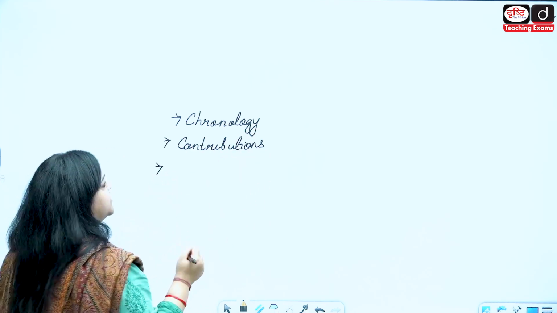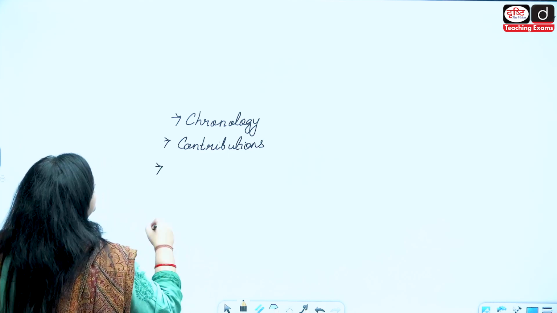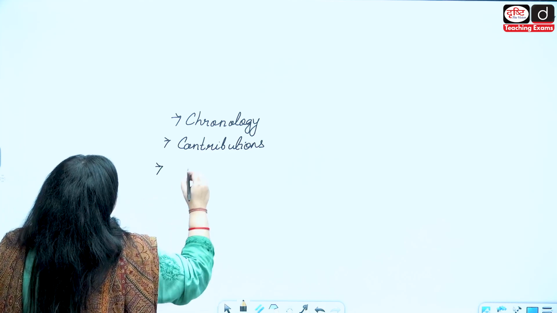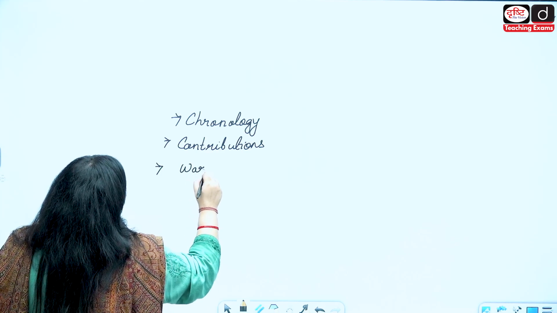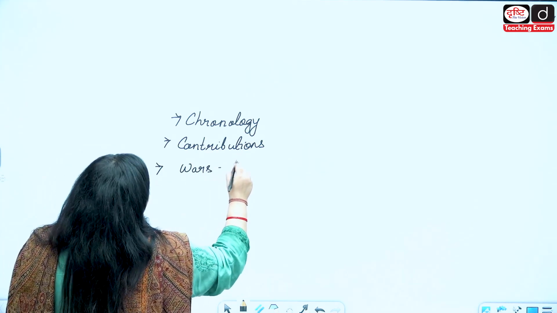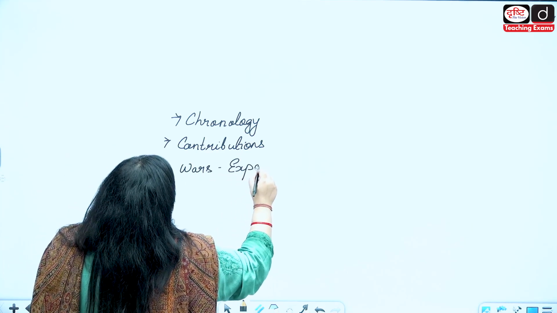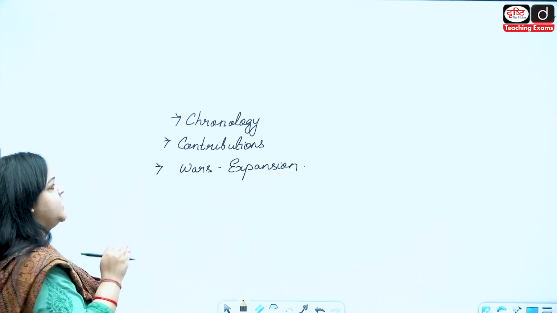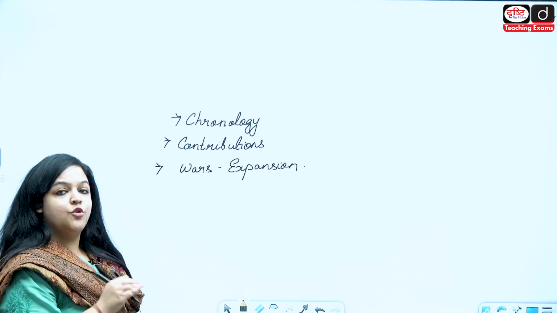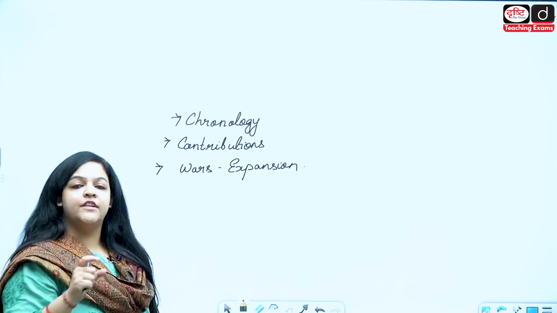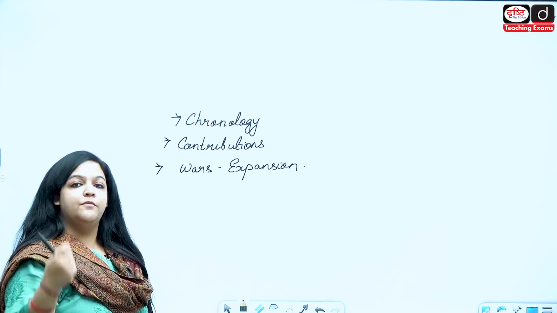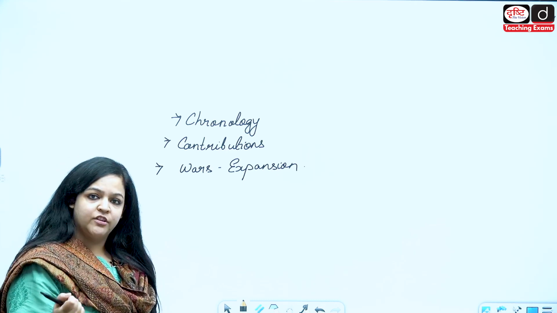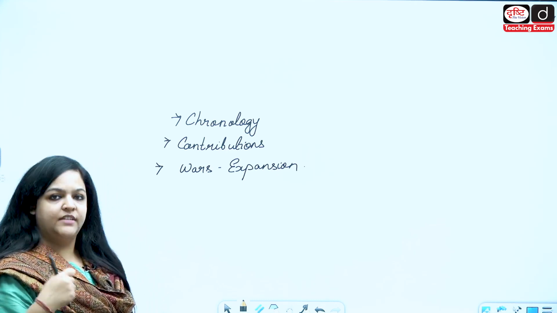And very importantly, you should remember the various wars that they have fought. Under wars, you can also remember the expansion that they have done. So, these are the three types of questions which you can get from the regional dynasties, from the information which I am sharing with you for the regional dynasties.